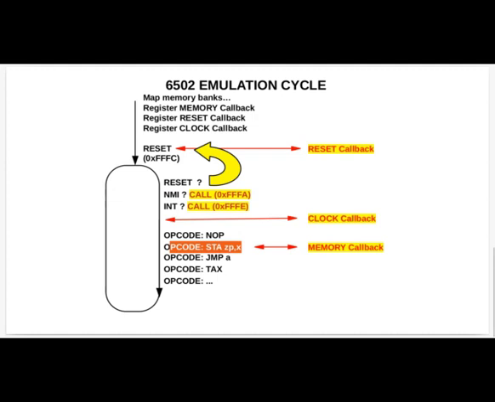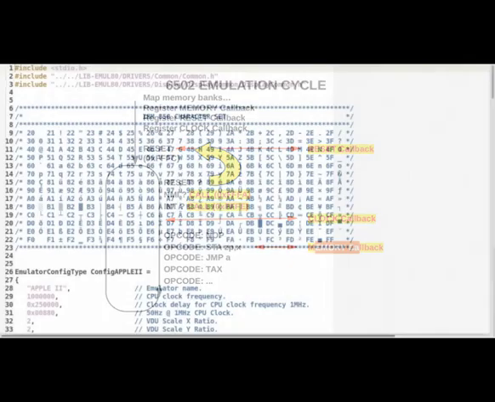And because this is affecting memory, if that memory is registered as being hardware, it does a memory callback, and the emulator itself can handle any memory mapped hardware that might need to be serviced at that point, and that's how it does its I/O.